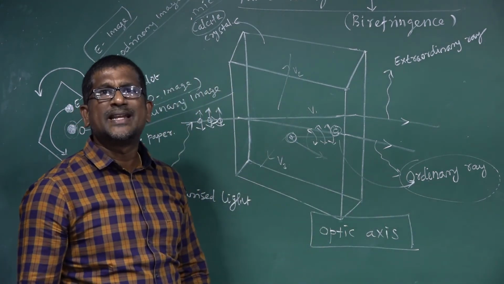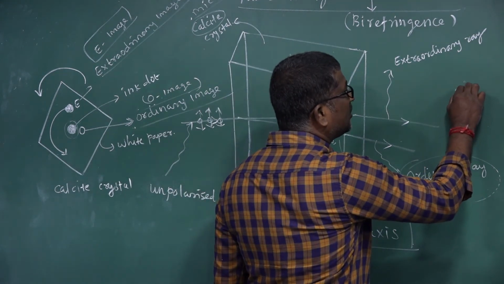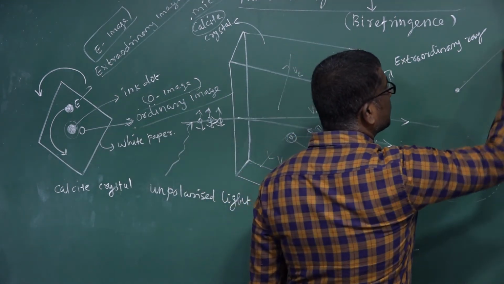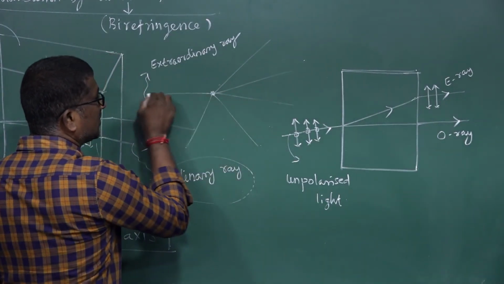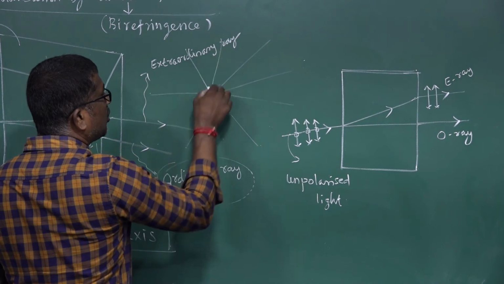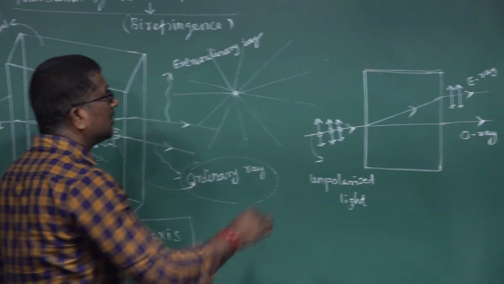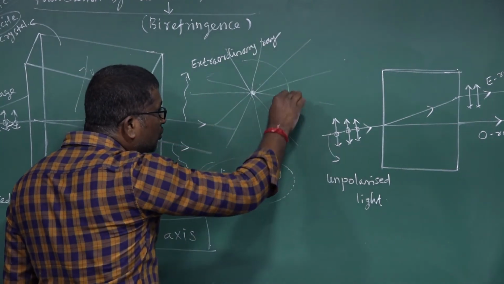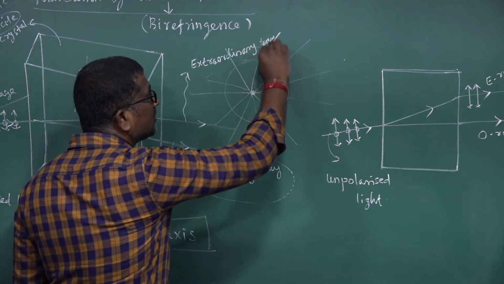Okay, what is meant by spherical wavefront? Suppose a point source at a finite distance sends the light in all possible directions like this. So the wavefront corresponding to a point source which is at a finite distance is a spherical wavefront.